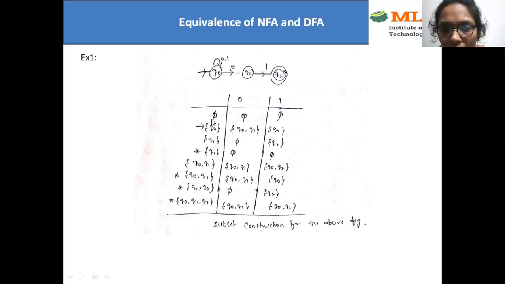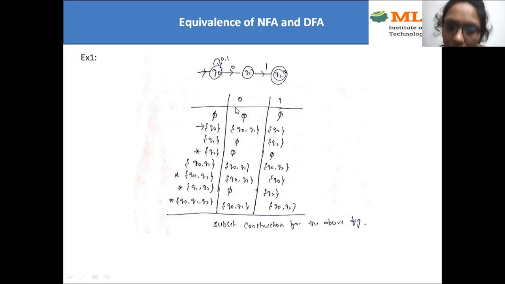So phi is already over, Q0 already over, Q2 already over. Now, what is the new thing we have? Q0 and Q1. For this Q0, Q1, I'm going to write this new set. We have two states here, but a single input, so you need to take the union.